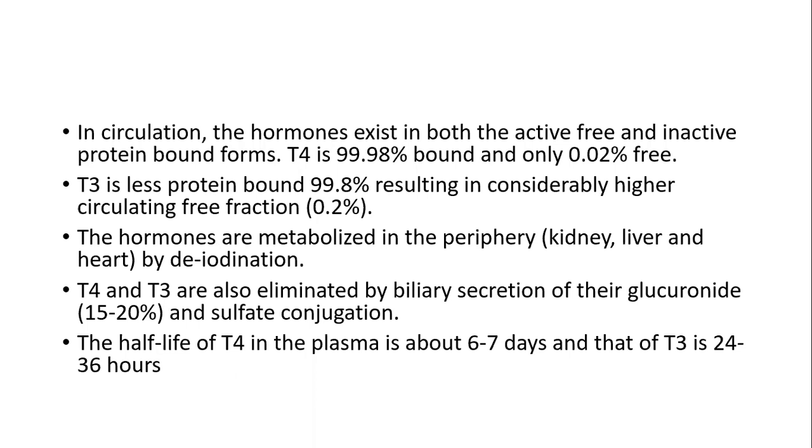And the hormones are metabolized in the periphery, that is the kidney, liver, and the heart, by deiodination. T4 and T3 are also eliminated by biliary secretion of the glucuronide and sulfate conjugates. The half-life of T4 in the plasma is about 6 to 7 days, and that of T3 is much less, around 24 to 36 hours.